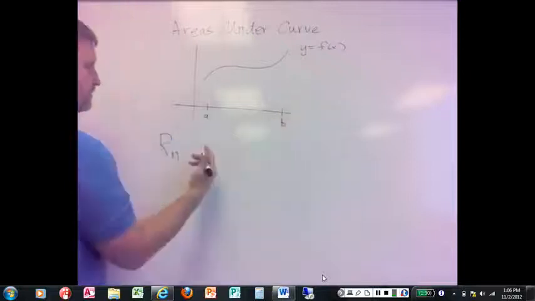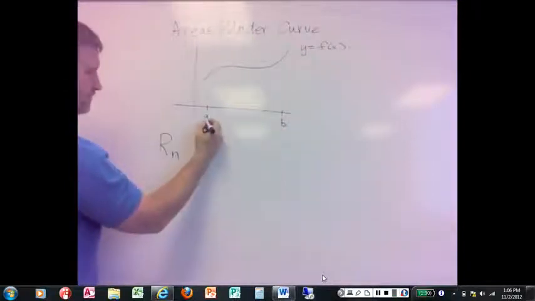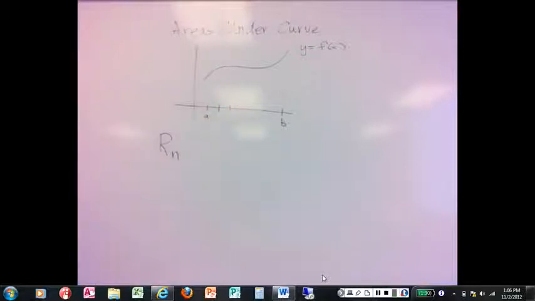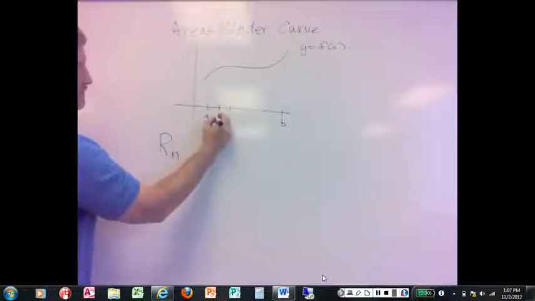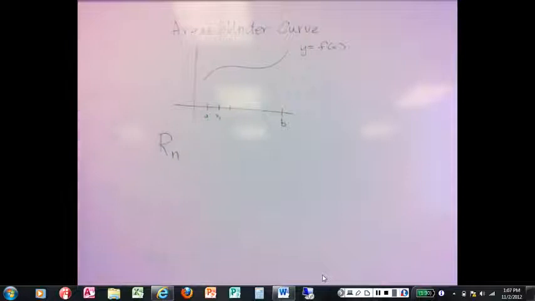Well, since this is kind of generic here, what I wanted to mention is, if I break down my subintervals, and since I don't know exactly how far this is, I'm just using this as an example, this first mark, the endpoint of the first subinterval, is usually denoted as x sub 1.